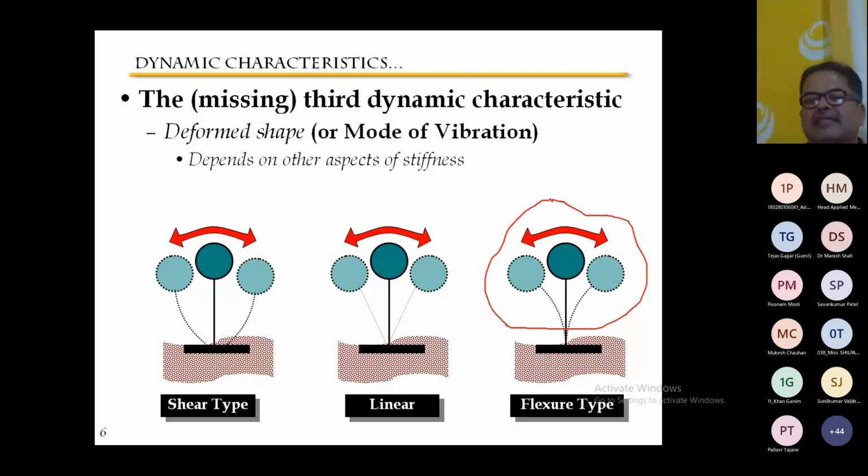When the stiffness is less, your system is very flexible, and then it will exhibit this flexural type. If it is stiff, then it will be of shear type. And there is an intermediate case between the flexure and the shear. But generally it is either a flexural deformation, shear deformation, or a combination of flexure and shear.